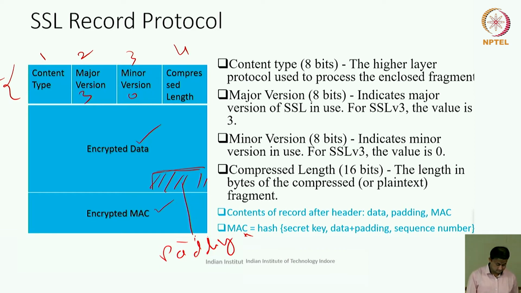So that is the simple operation of the SSL protocol. This happens in both directions. Whenever the client wants to send something to the server, taking HTTP as an example, or the server wants to send something back to the client, this message structure is used. So that is about the SSL record protocol, the actual data transmission.